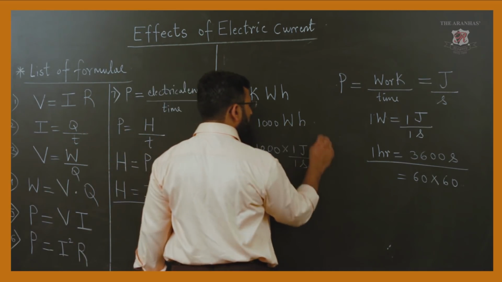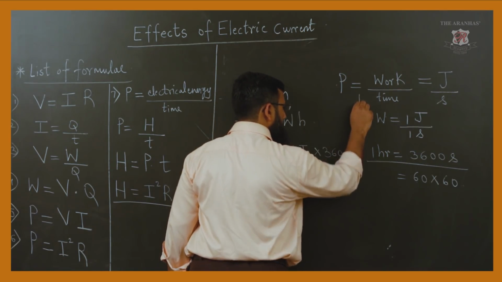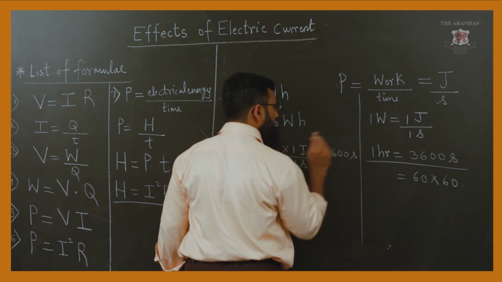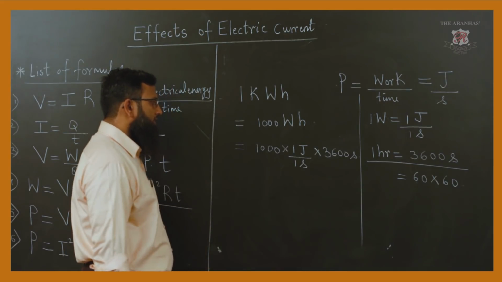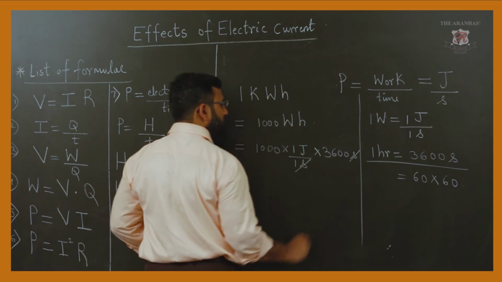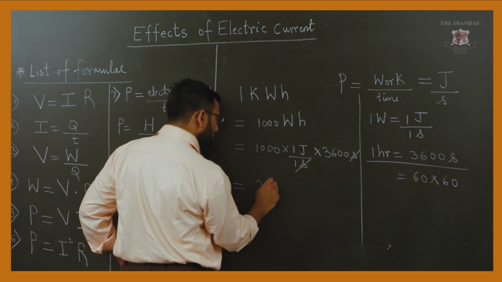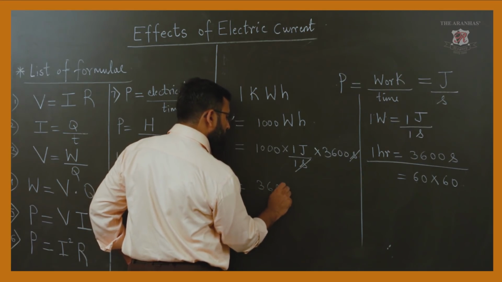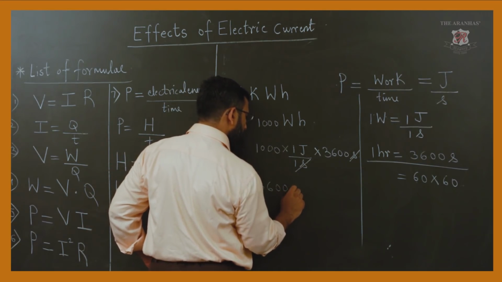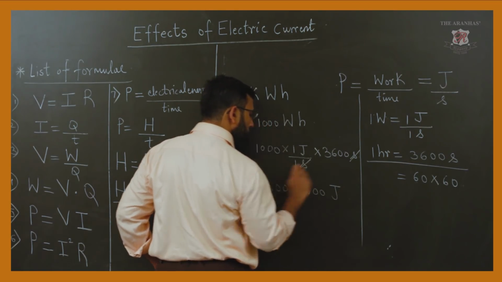So, instead of hour I can write down the time duration in SI units, 3600 seconds. If you observe here, these two things get cancelled and the value comes out to be this much joules.